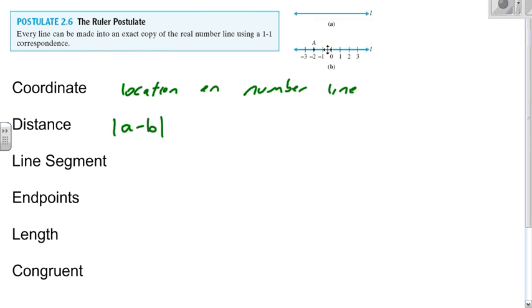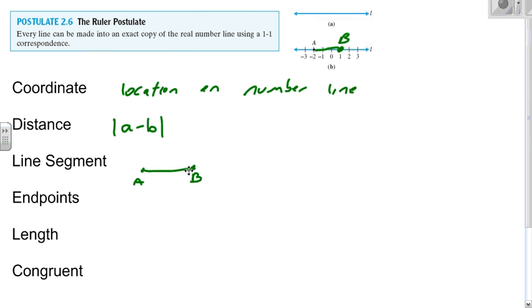If you have a second point on here, then you can draw in between there and create a line segment AB. And in a line segment, these 2 points on the ends are called the endpoints.